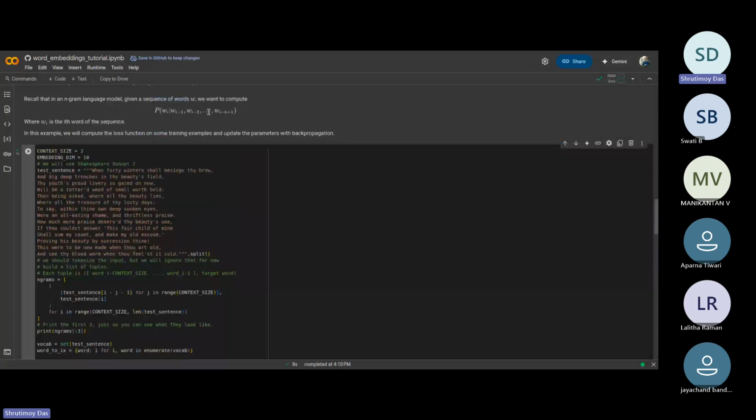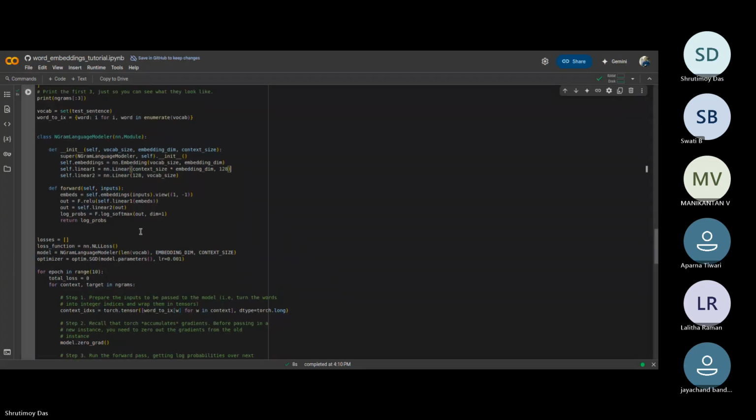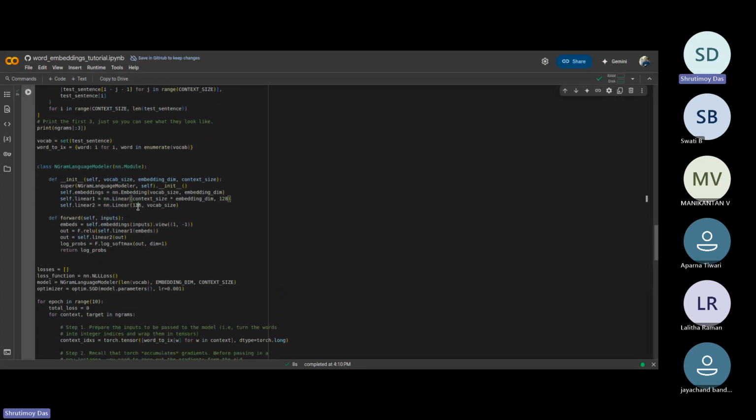So that means you want probabilities for each of these words, so your output will have the size of the vocabulary. That is what they're doing. After 128, you again go back to the vocabulary size. So is the creation of the network clear? This is a very simple network.